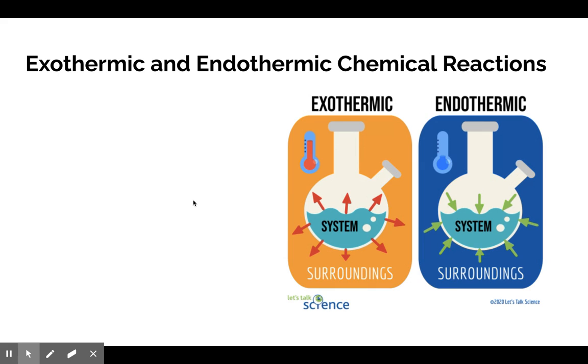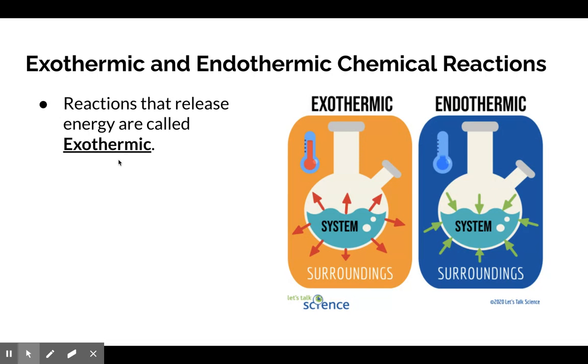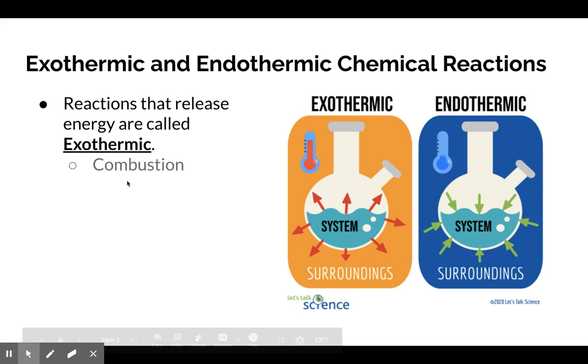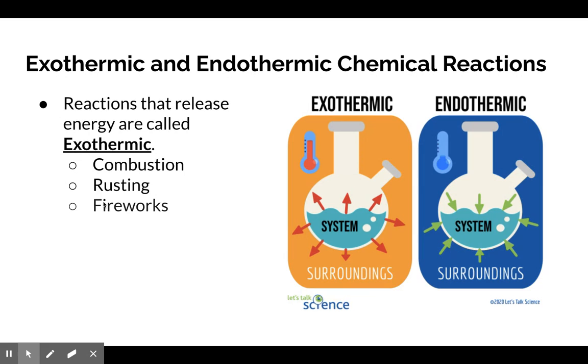So there are two different types of chemical reactions that we're going to talk about today, endothermic and exothermic. And we've been talking a little bit about this in class already. So reactions that release energy into their surroundings are called exothermic chemical reactions. And so combustion, burning something, rusting, and fireworks, which technically is combustion, but much cooler, right, is also considered an exothermic chemical reaction.